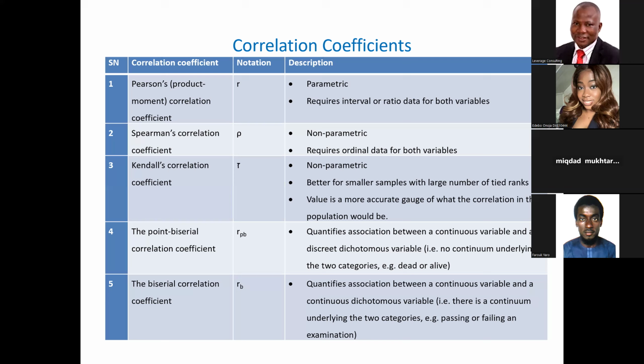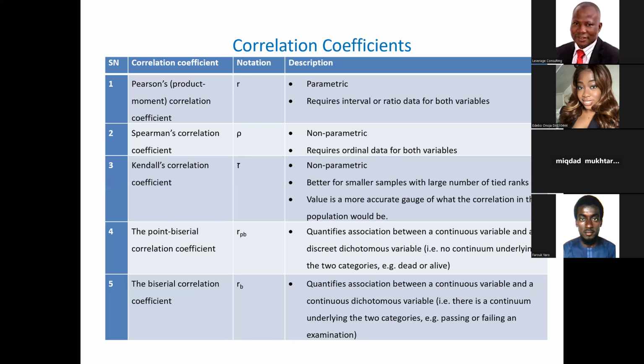Then we have a discrete dichotomous variable, which means there are two possible values, either yes or no: male or female, diabetic or not diabetic, hypertensive or not hypertensive. Those are dichotomous.